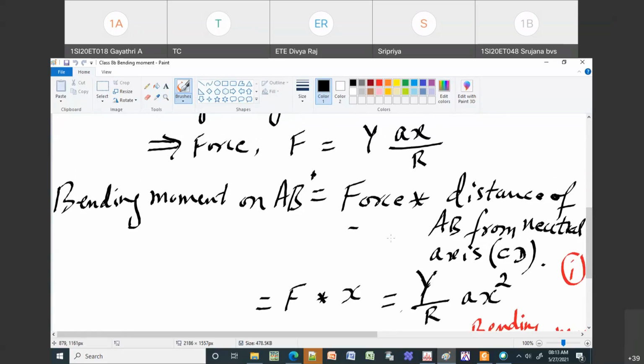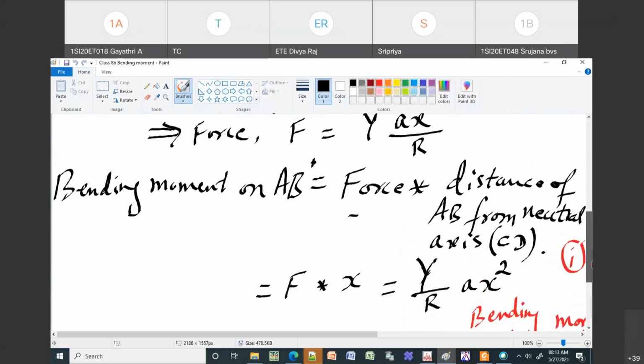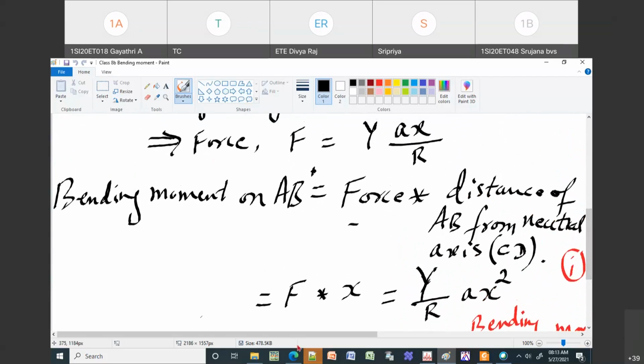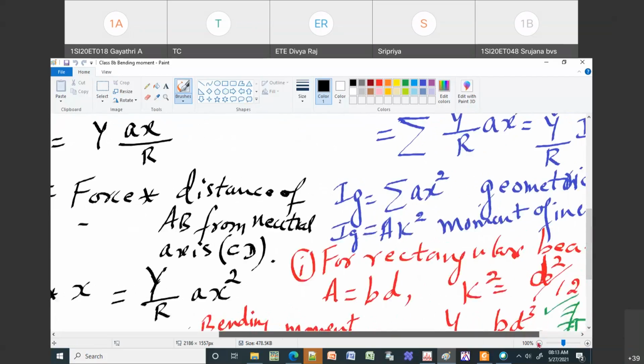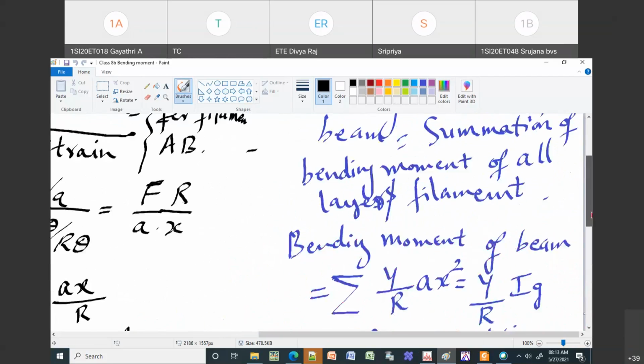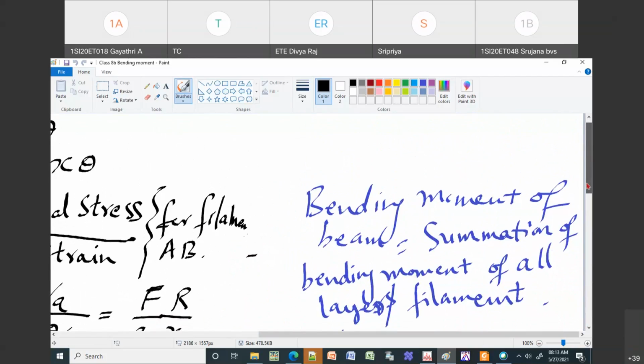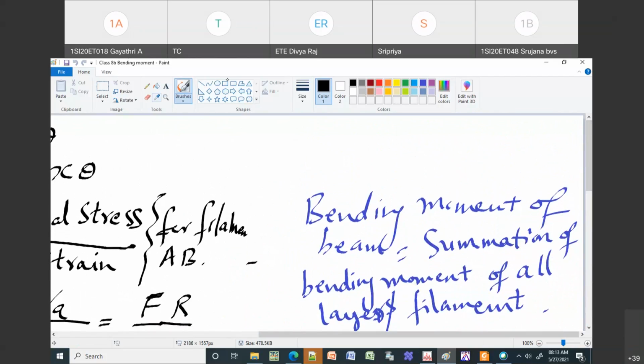Okay. So that will be the bending moment for the AB element, only for the filament AB or for the layer AB. Okay. So this is what we got. So bending moment is y by r into a x square. I'm going to just rewrite this again here.